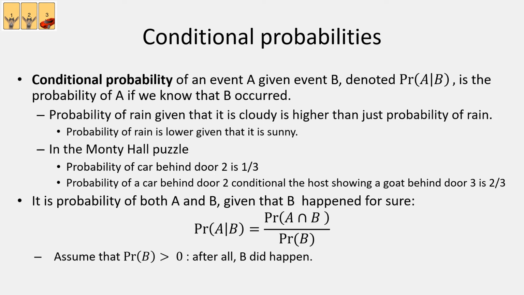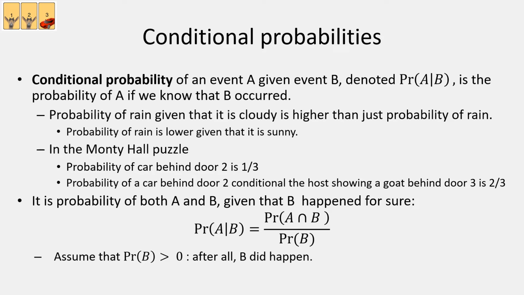What happened in that reasoning is that conditional on it being sunny, the probability that it will rain went down. Conditional on it being cloudy, having a big black cloud above you, the probability of rain went up. So even though your probability of rain by itself is still 40%, conditional on a cloud it's more, and conditional on sunny it's less.